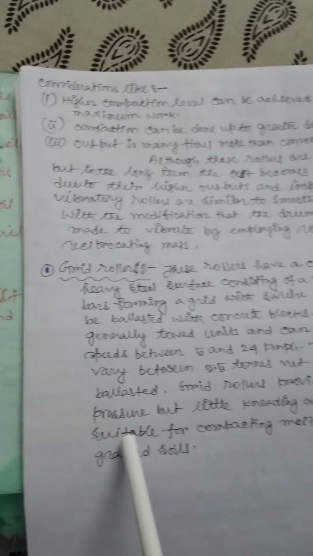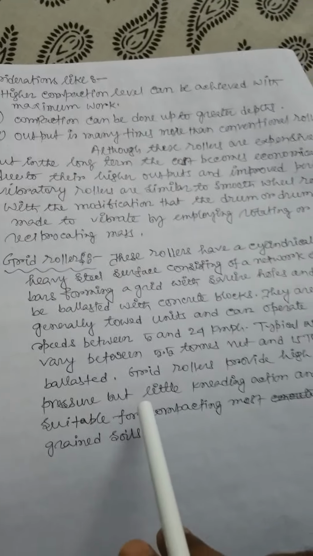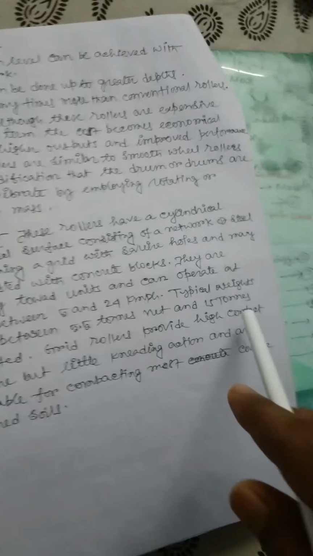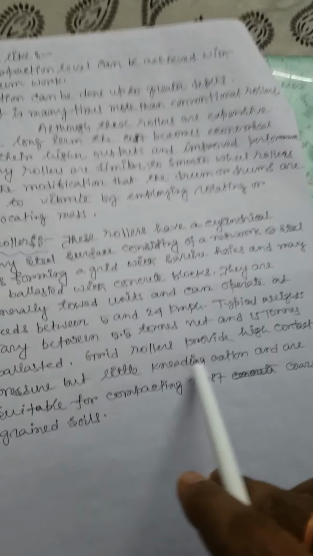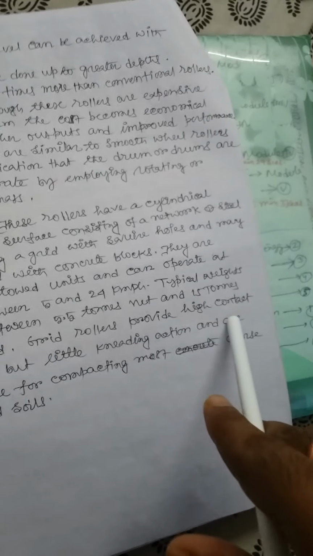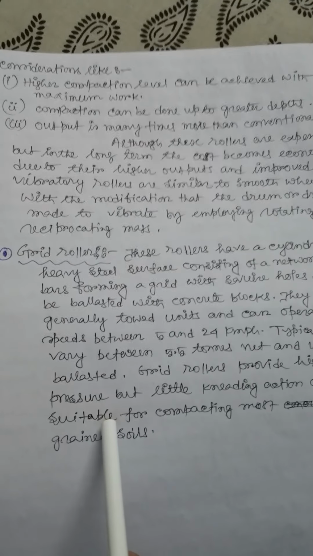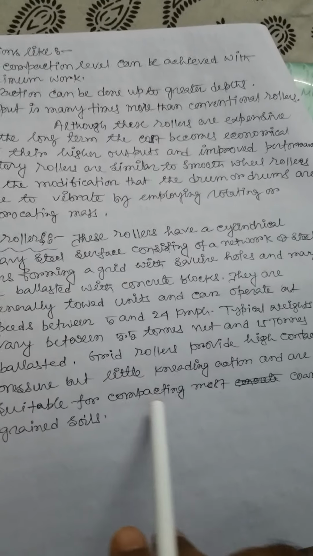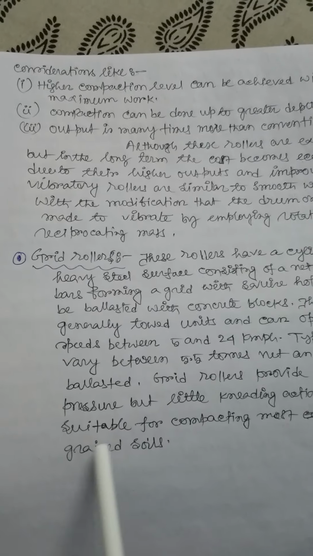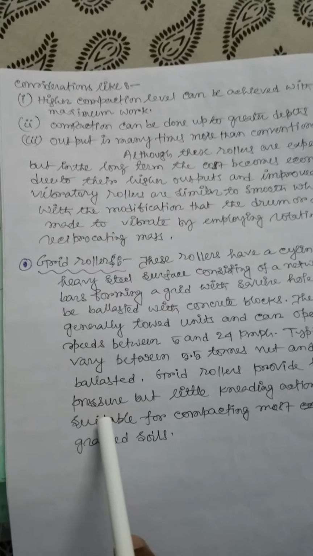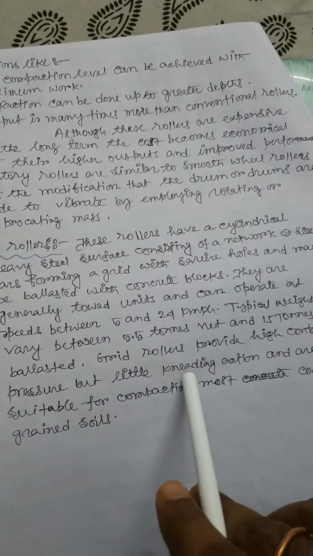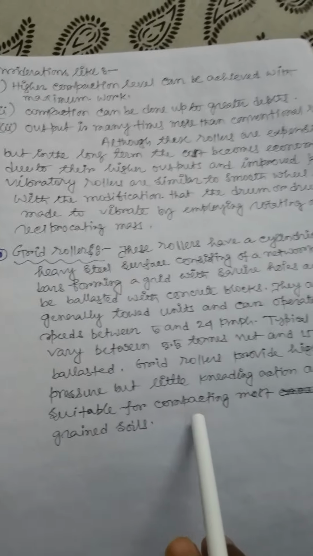The grid roller provides high contact pressure but little kneading action and is suitable for compacting most food grain soil.